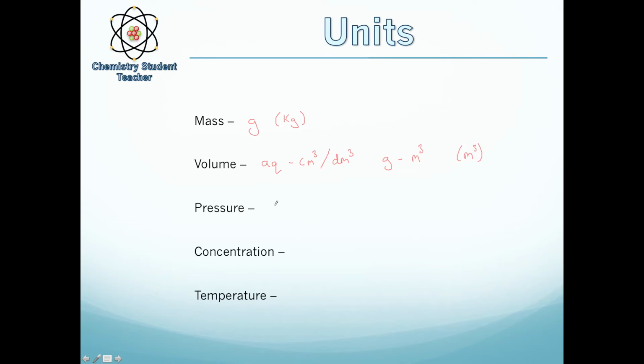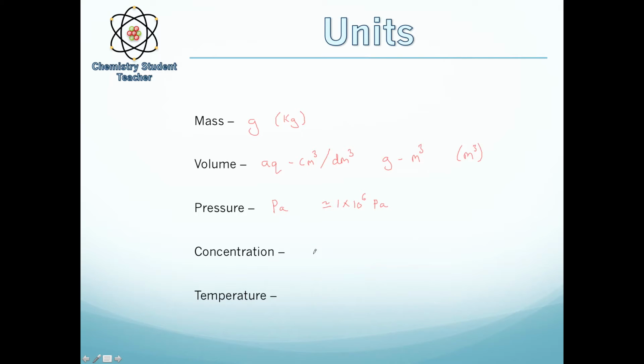So pressure, what do we use for pressure? We use pascals. Now pascals is actually a combination of SI units, and that's what we use for pressure. Basically 1 atmosphere is approximately 1 times 10 to the power of 5 pascals. So that's why we use pascals.